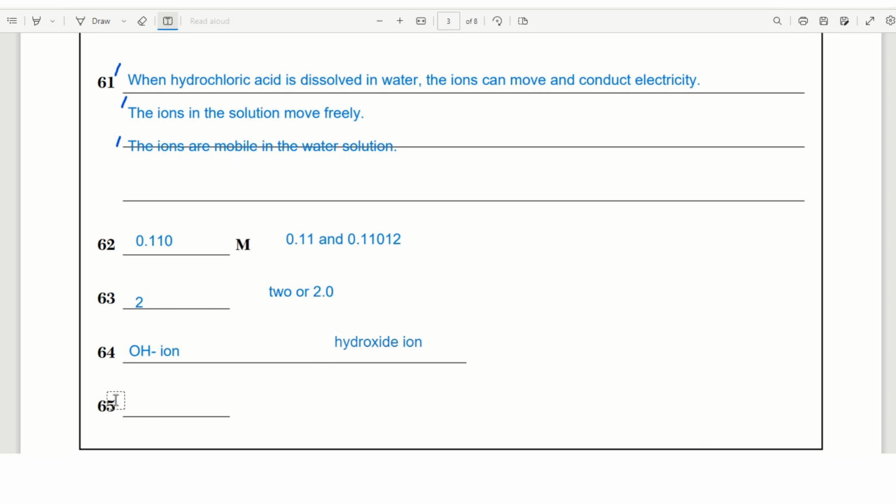So my acceptable answer could be 10 times, or it could just be 10, or the word 10, or tenfold. Okay, those would all be acceptable answers, but one, not writing a whole ton. All right, and that is the end of B2.